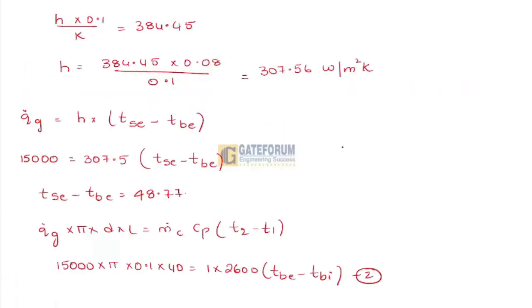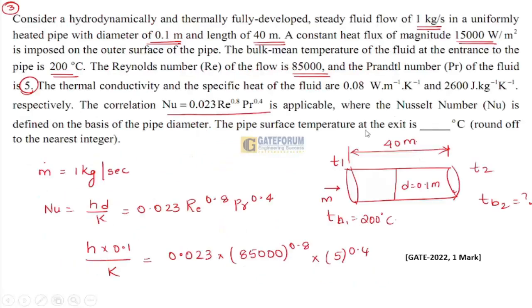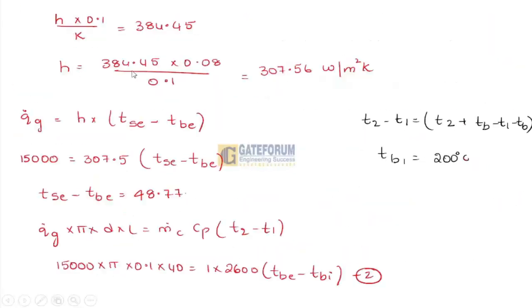From here, on calculating T2 minus T1, that is TBE minus TBI, all values are known to you. TBI is 200 degrees, which is given in the question itself.